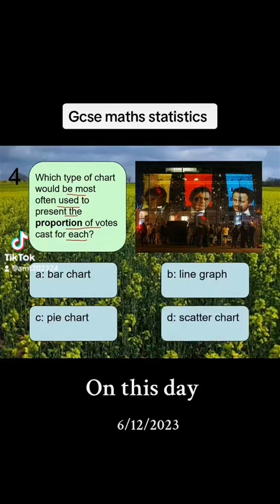So for most often used to present the proportion of votes, that would be a bar chart here. A bar chart and or a line graph, I'd say, one of these. A pie chart, not really, and the scatter graph, not really, but possibly yes, a line graph may also work for that.